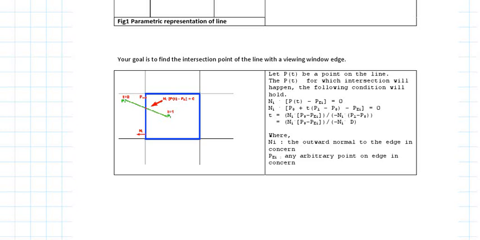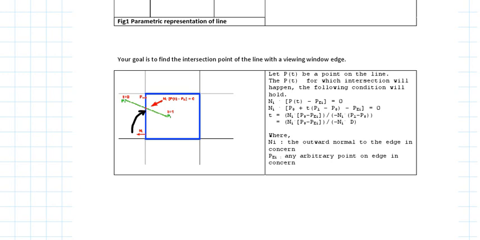If you carefully observe the line against the edge of the clipping window, you can find that this point P0 is lying outside the clipping window and P1 is lying inside the clipping window. Now, as a goal of the clipping procedure, you have to find this intersection point.